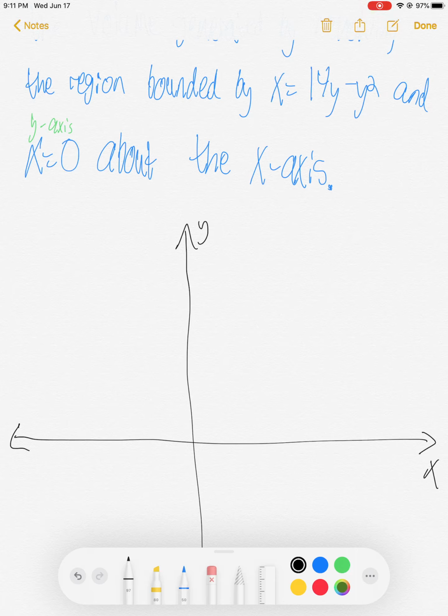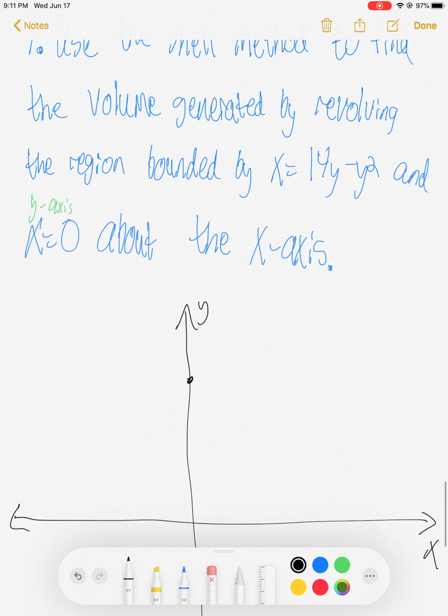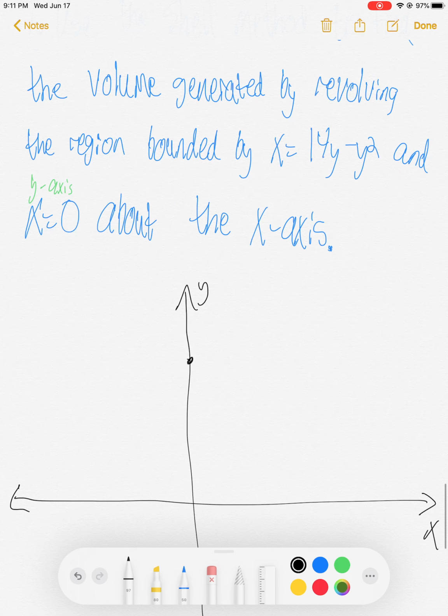I most certainly do not know exactly what that looks like, and I'm not going to sit here and compute a bunch of points. But I know, generally speaking, it is going to look something like... x equals 14y minus y squared.